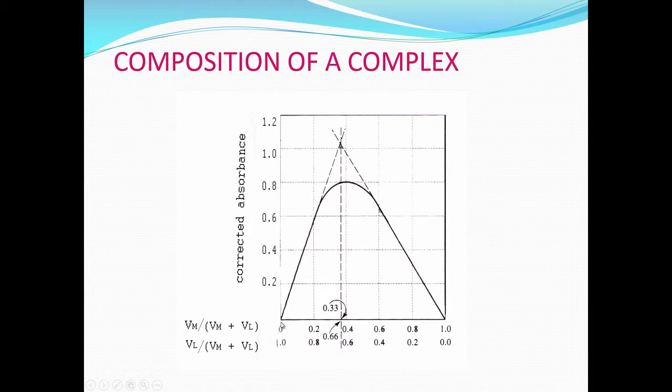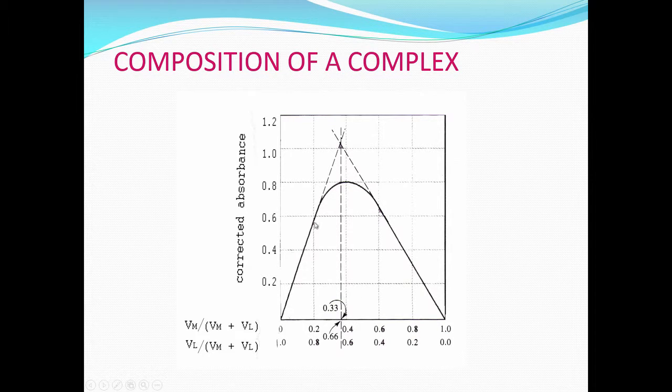If I take 100% of the reagent Vl, Vl refers to ligand. If I take 100% of the ligand, there is no metal and no complex formation. As I increase this to 20% and Vl is 80%, the mole ratio that I get is 0.2.